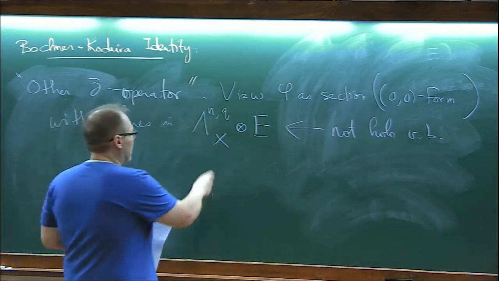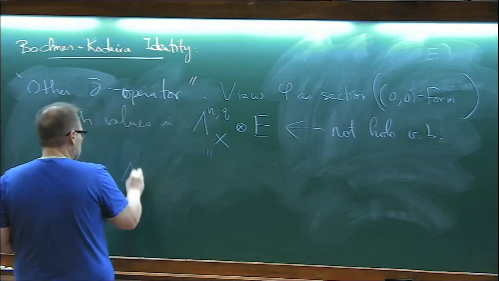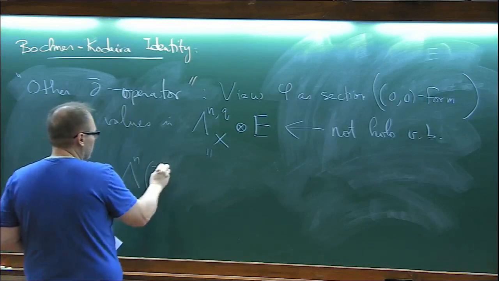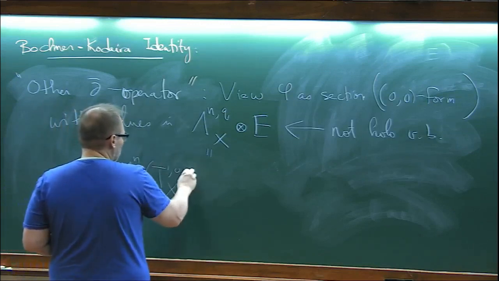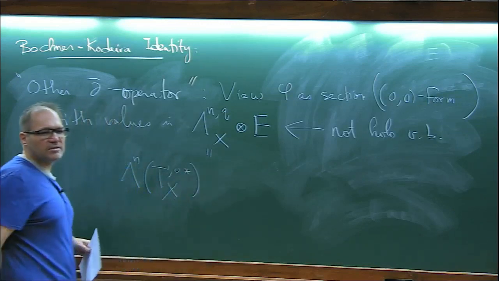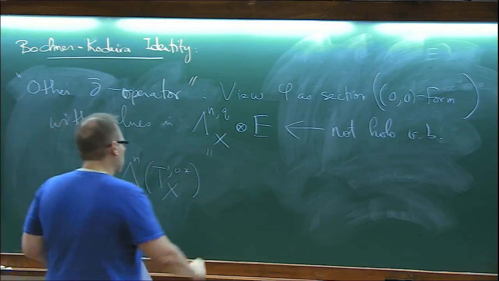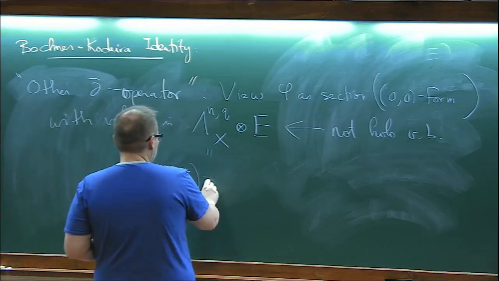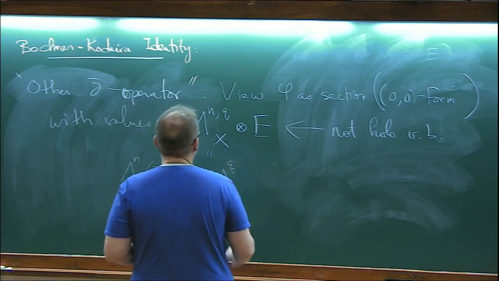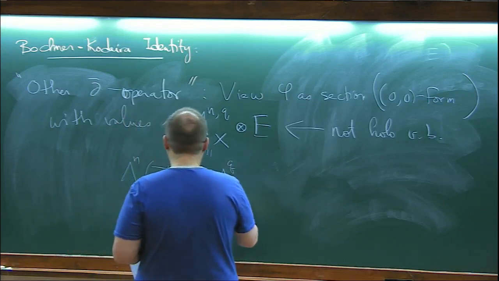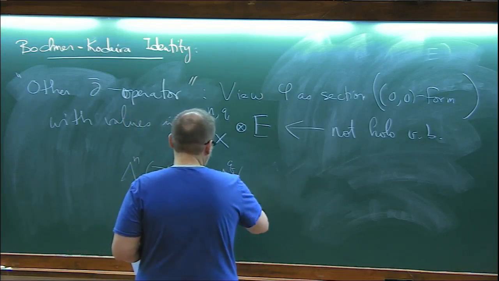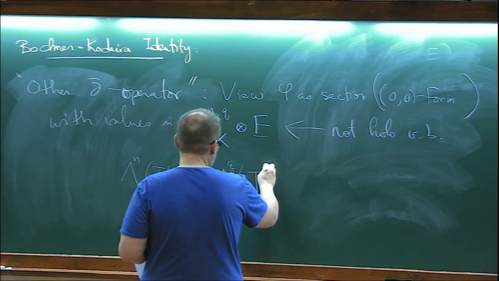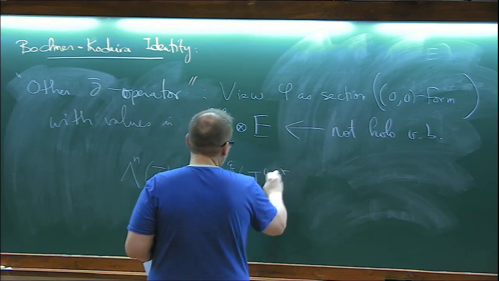So if we write out what this was, this is the nth power, or the determinant of T10 star of x. That's nice and holomorphic. And then it's the qth tensor power of this vector bundle, T01 star of x.